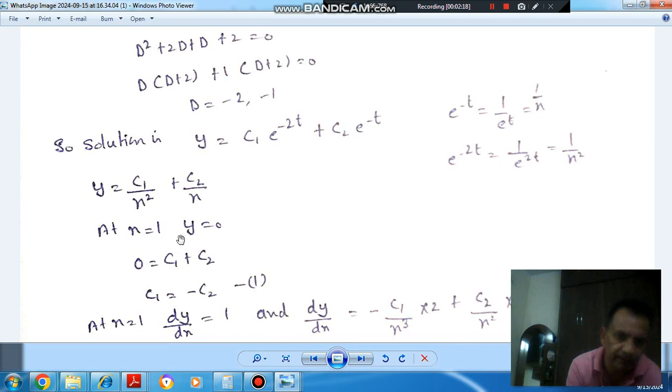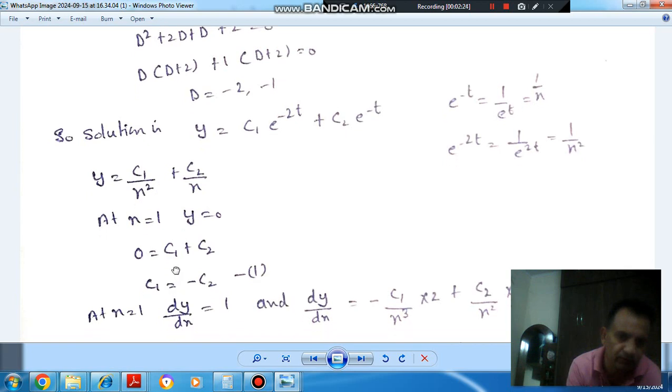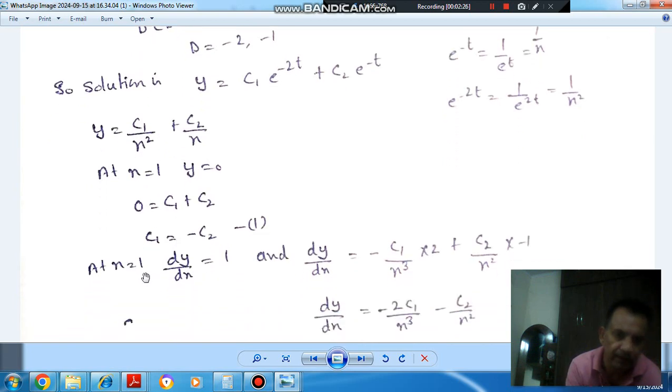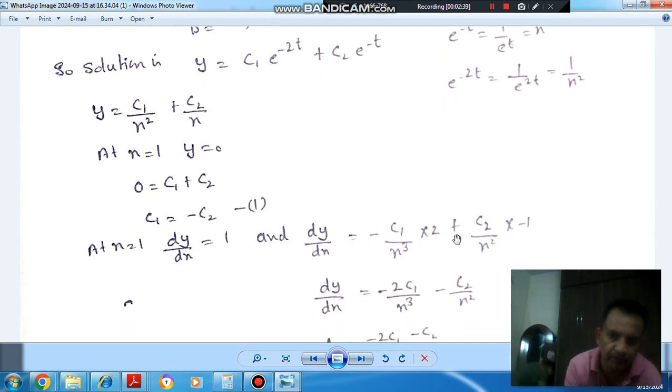And at x is equal to 1, dy by dx is equal to 1. Differentiating, the derivative of 1 by x square is minus 2 by x cube and the derivative of 1 by x is minus 1 by x square.